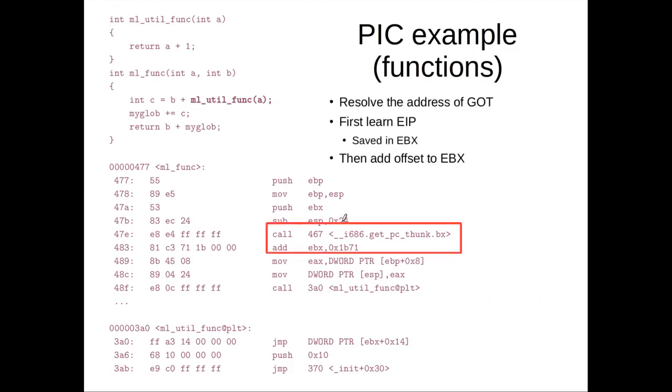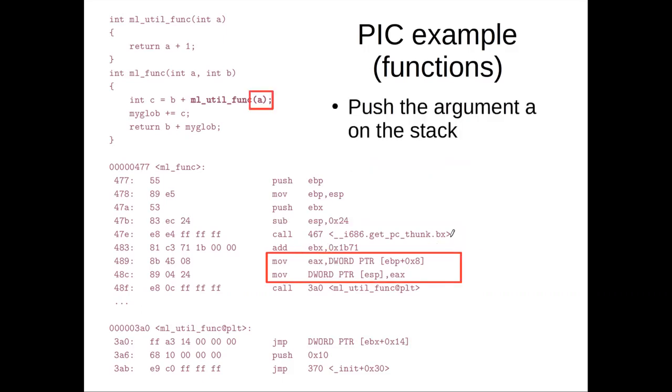So first of all, same as previous, thunk, resolve the address of GOT, right? We first load the current instruction pointer, we save it in the EBX, and then add the offset to EBX in this instruction, right? So this will contain the address of the GOT now. Now we push the argument to the function because, well, in the end, whether the function was already resolved or yet to be resolved, we still need to pass this argument A, right?